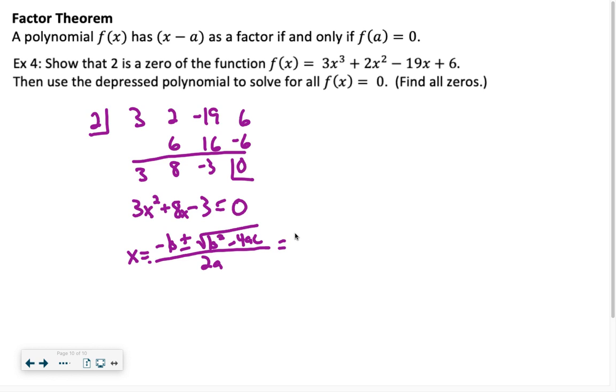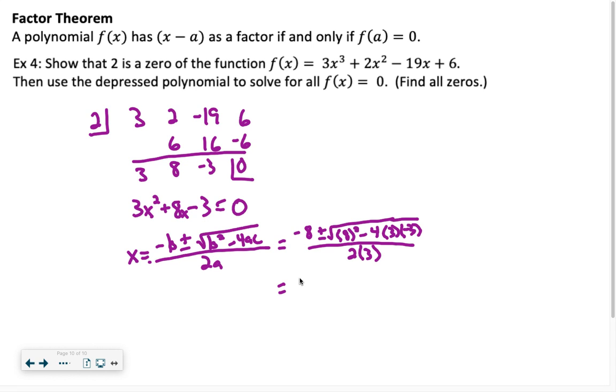So plugging all that in, I would have negative 8 plus or minus the square root of 8 squared minus 4 times 3 times negative 3, all over 2 times 3.